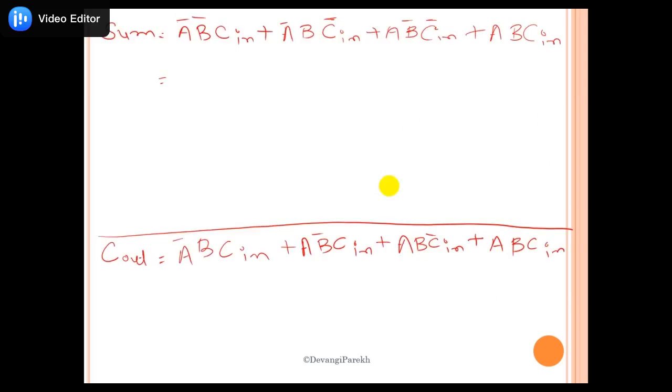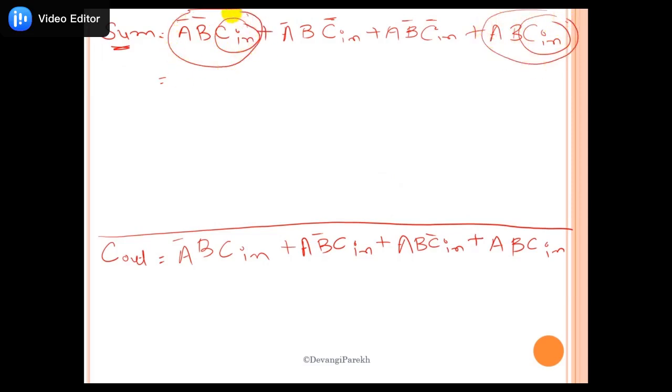Now let's specify this Boolean expression with the use of different laws, which I have covered in the previous slide. In this equation of sum, I am going to take C in common from these two terms.